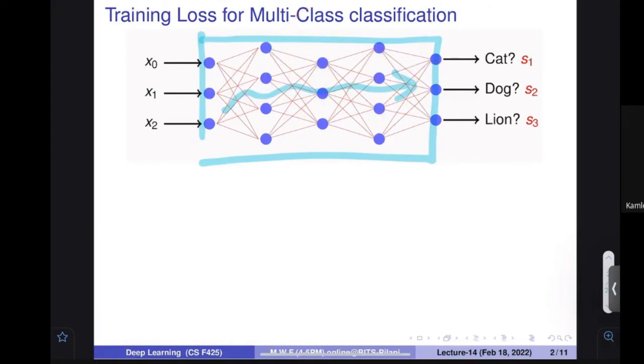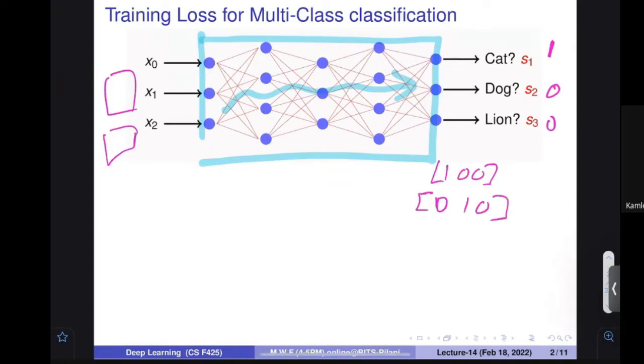For example, if I feed an image of a cat, this value should be 1 and all other values should be 0. I need the output as 1 0 0. If I feed the image of a dog, I need the output 0 1 0.